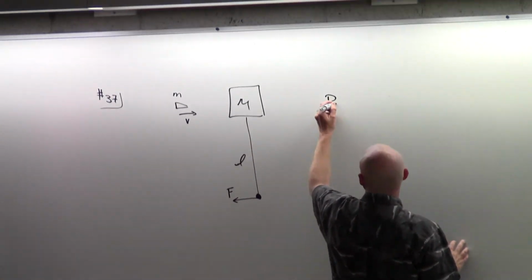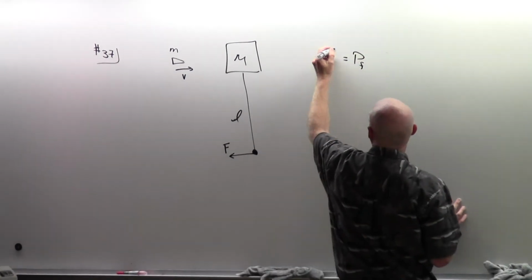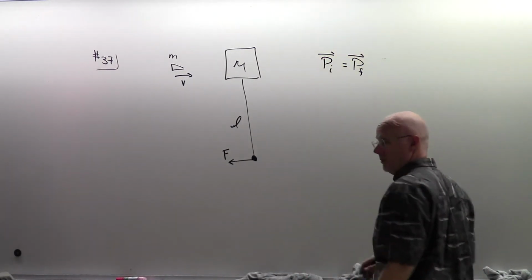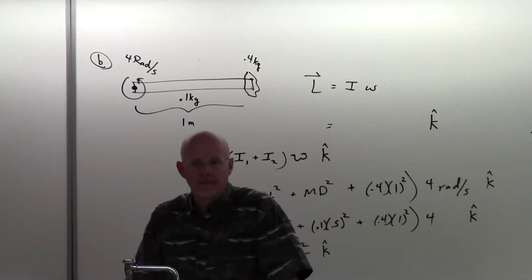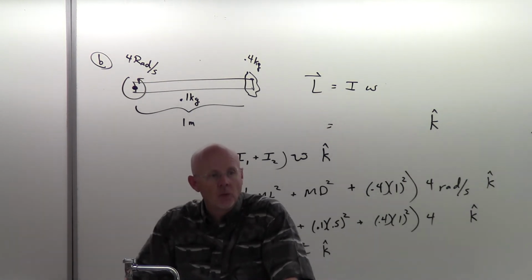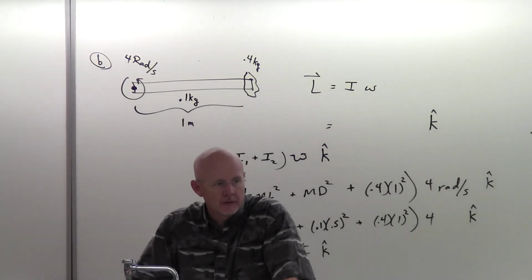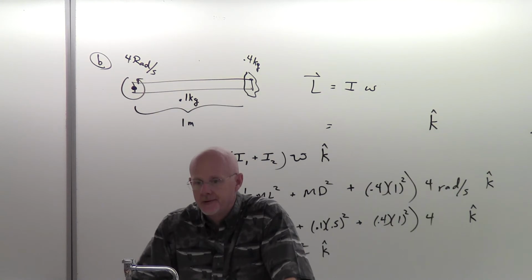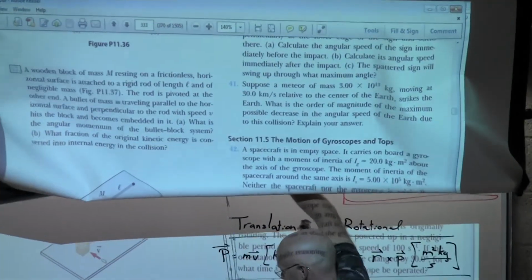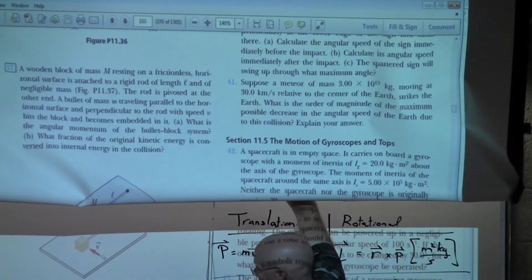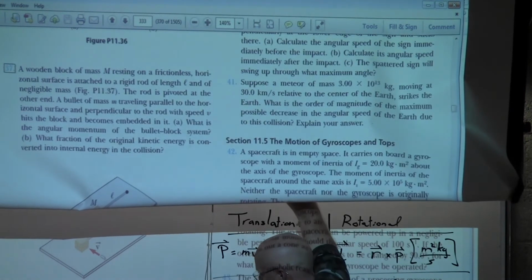Now this is important because if I were to ask you, is the initial momentum equal to the final momentum? This will take us back to chapter 9. Do we have a conservation of linear momentum problem? When is linear momentum conserved? If the net force is equal to 0, then the momentum is constant, right?